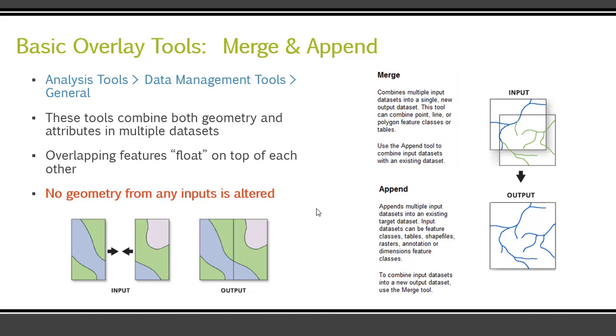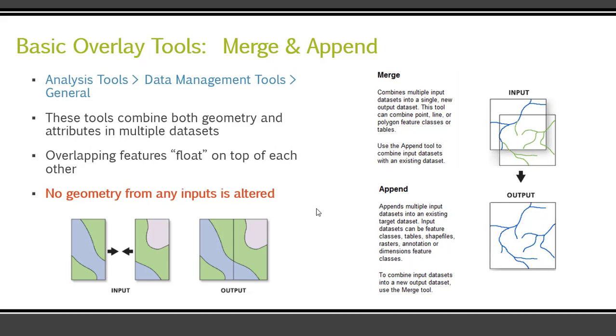Append, however, is going to take all of those data sets. You're going to have to choose one as the primary data set to have everything else append to that data set. So your primary data set using that tool is going to be altered. So if you need to keep copies of all of your originals, merge is the way to go. But if you want to add data to an existing data set, append is the way to do that.